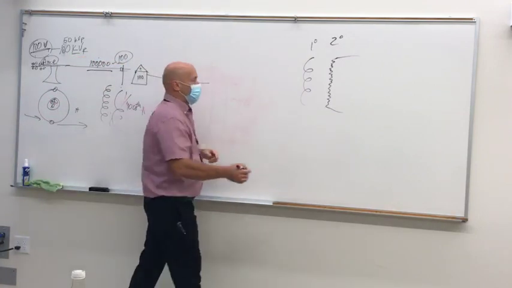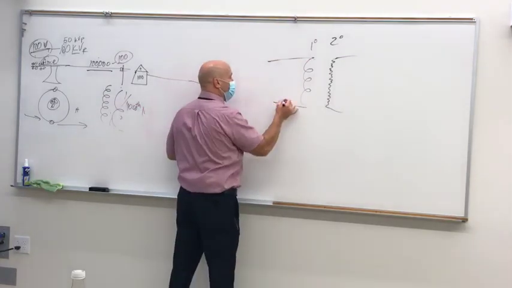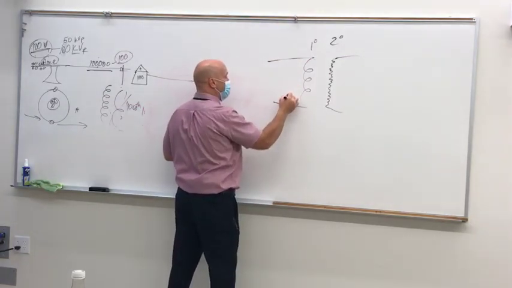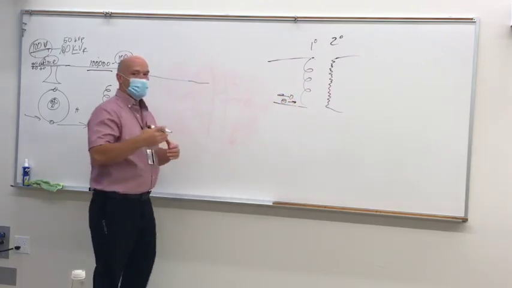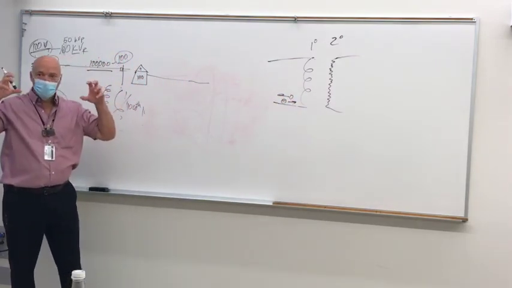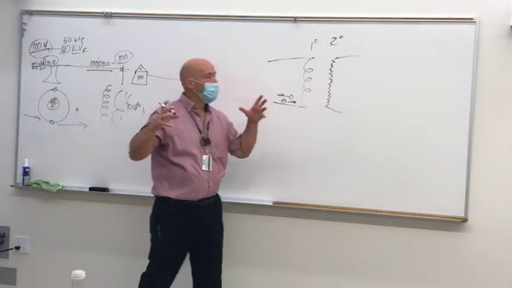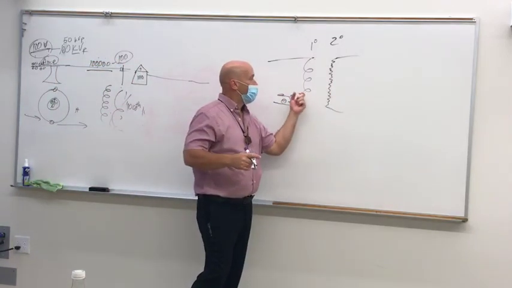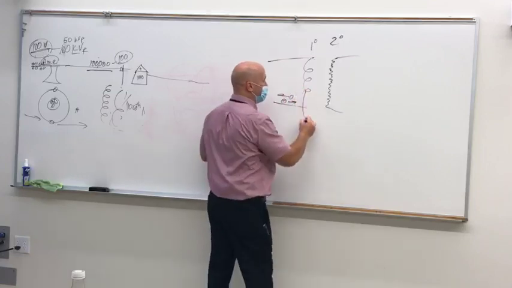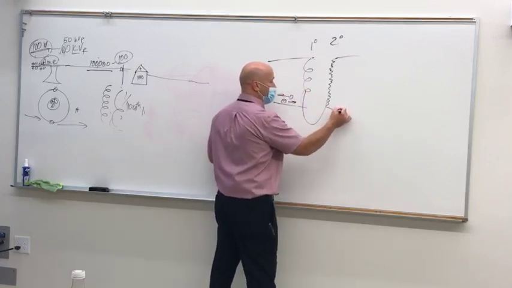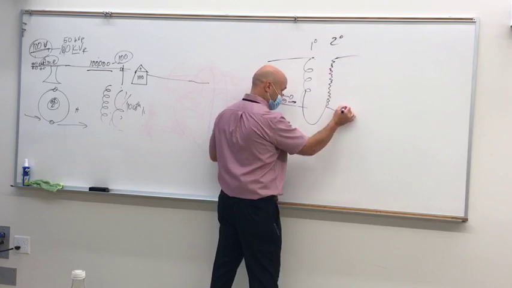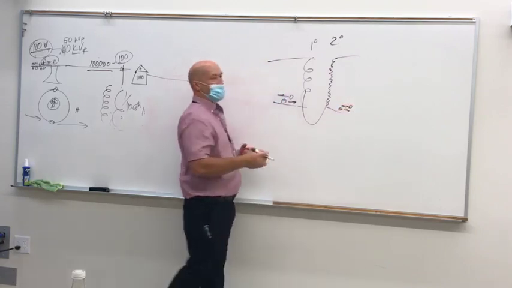So supply alternating current to the primary side, and it sets up a changing magnetic field, right? Now if I move a secondary coil close enough to it, that magnetic field interacts with it and creates an alternating current on the secondary side, right?